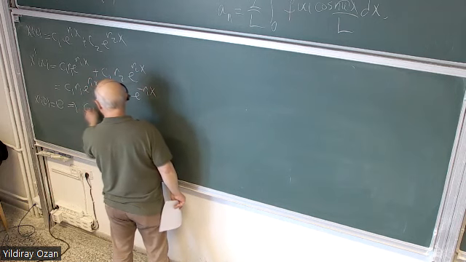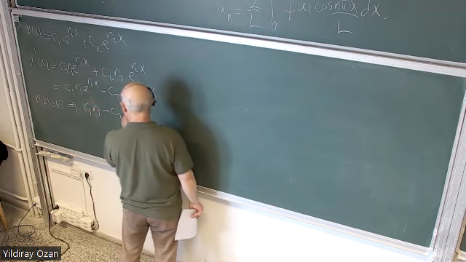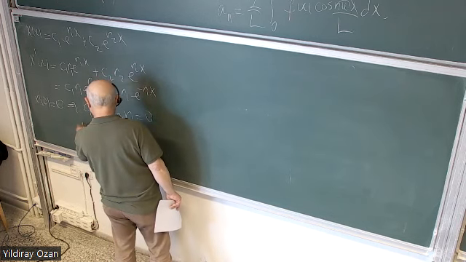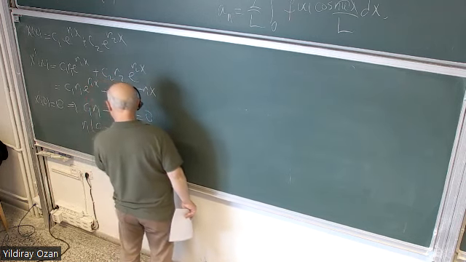Tamam. So c1 r1 minus c2 r1 is equal to 0. So r1 times (c1 minus c2) is 0.